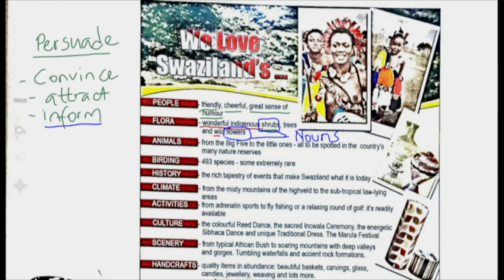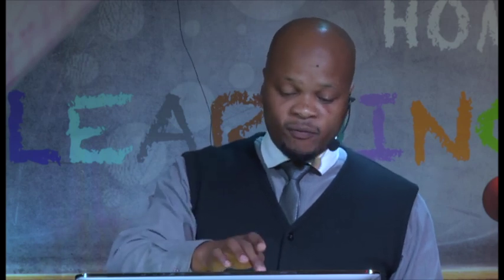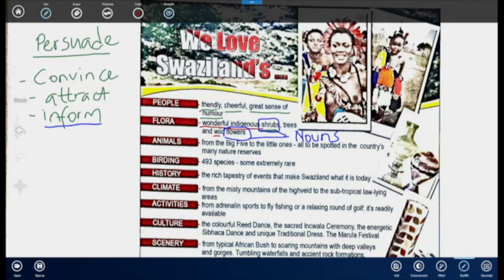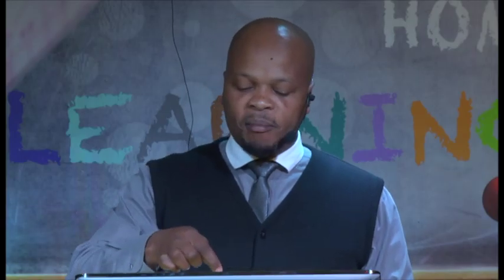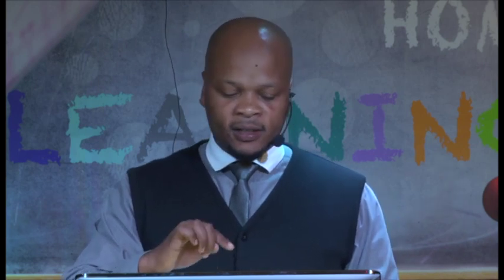Imagine if the writing was just, the flora of Swaziland has got shrubs and trees and flowers. Is it capturing? Is it convincing? Is it attractive? No. But then these words that have been used, wonderful, indigenous, and also wild flowers, make these flowers and shrubs stand out from the rest. So they give us more information about what? About the nouns. All right, let's carry on.